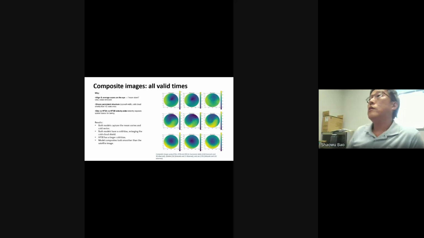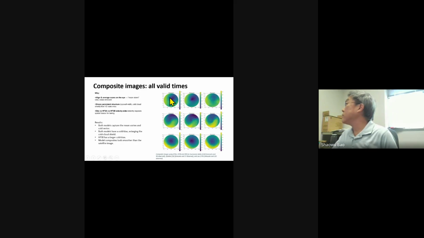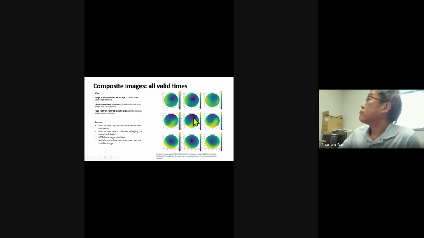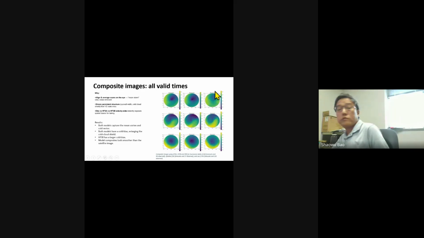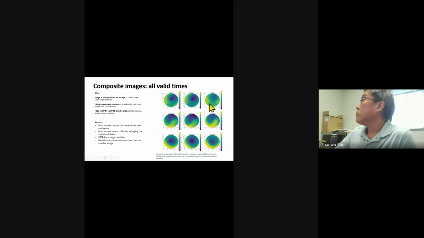Anyway, on this image, the first row is Hurricane Idalia, then Hurricane Ophelia in the middle, and the bottom is Hurricane Lee. And the left column is HAFS A, then HAFS B in the middle, and the observation is on the right. So a few things we can see from these composite images.